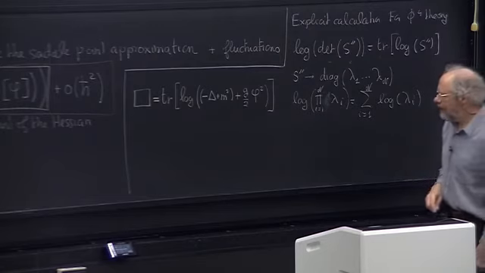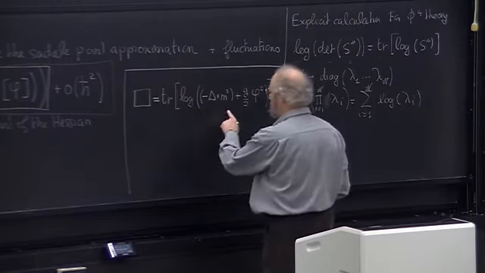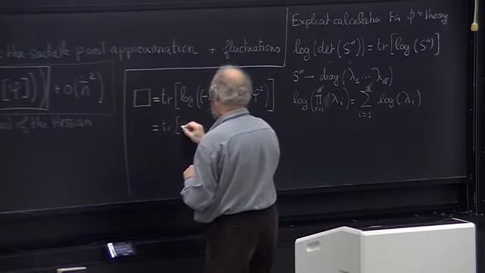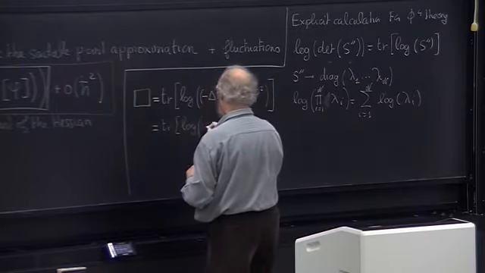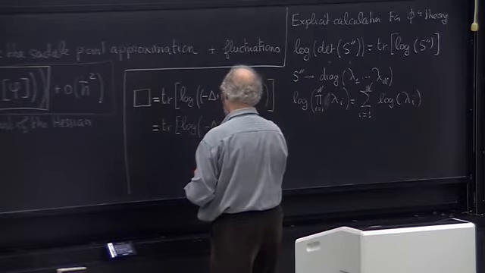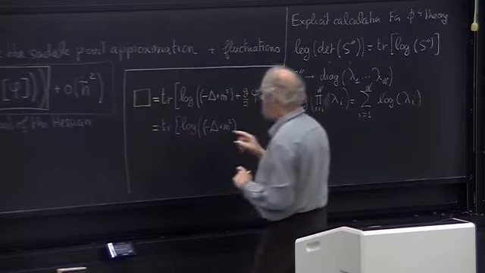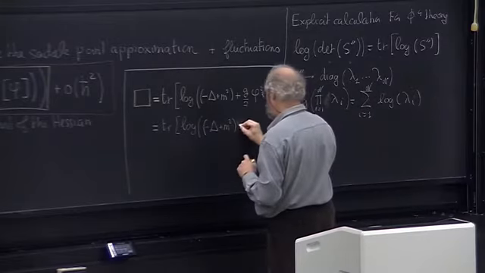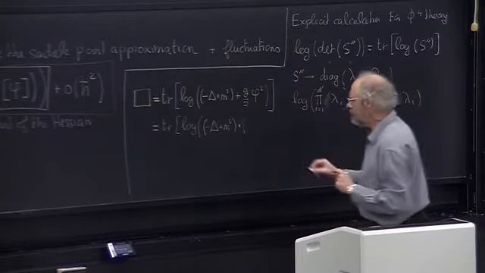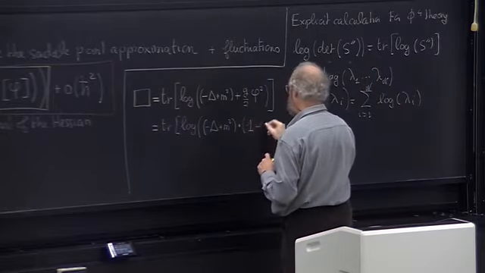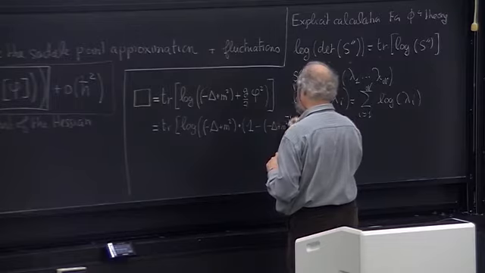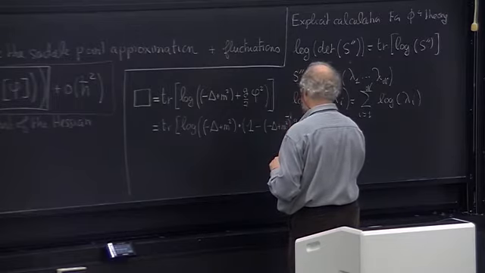Okay. So now we can rewrite this operator as a log of this operator, which is the Hessian for the free field theory, times a correction. And the correction is, of course, 1 minus this operator inverse times g over 2 phi squared.